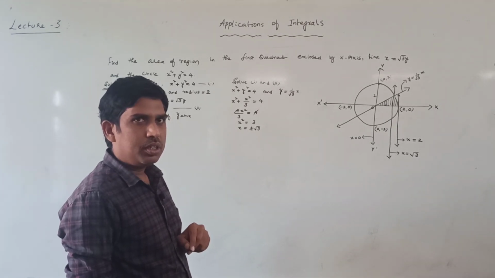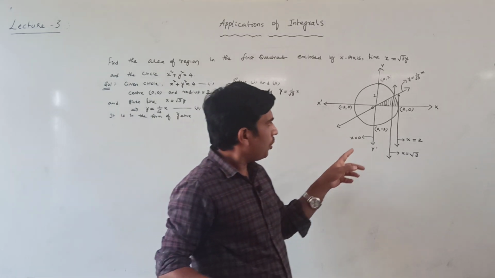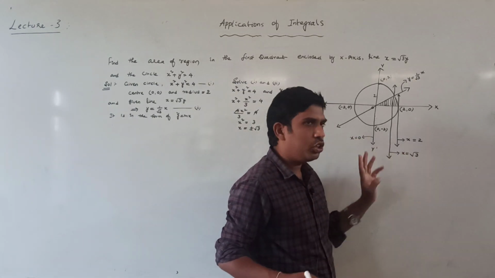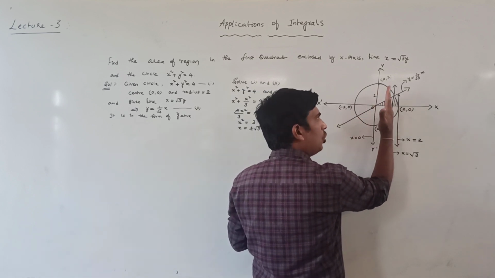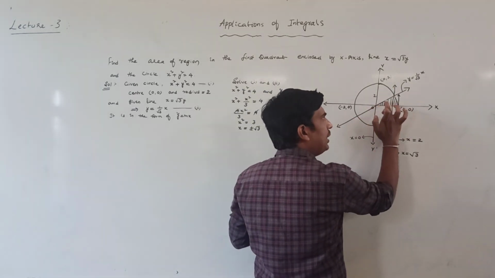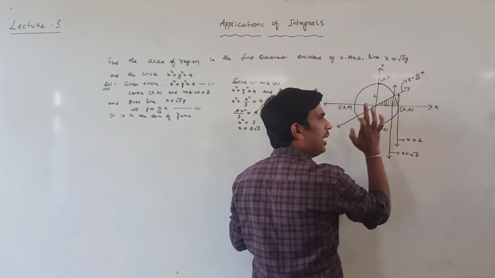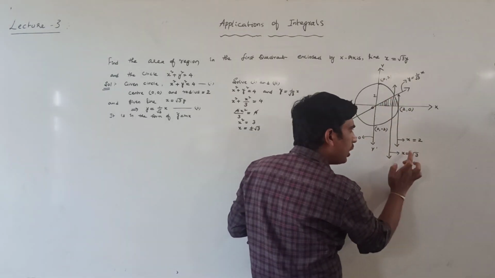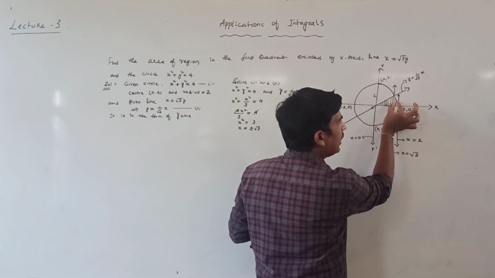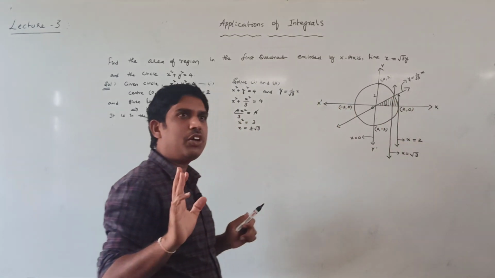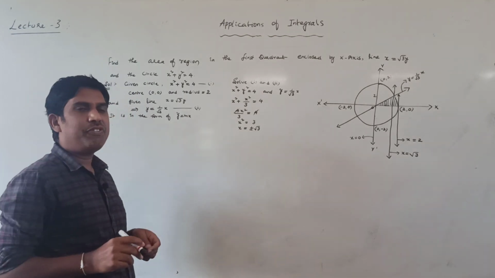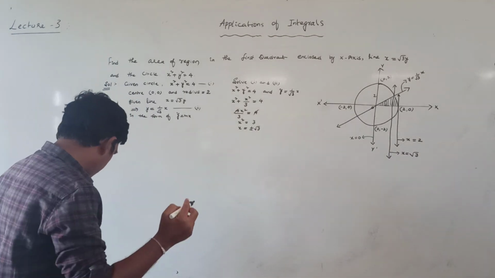Understood? So therefore limits observed from 0 to root 3. From 0 to root 3, this is the area bounded by the line. From root 3 to 2, this is the area bounded by the curve. So individually we have to find the areas and finally add the two.